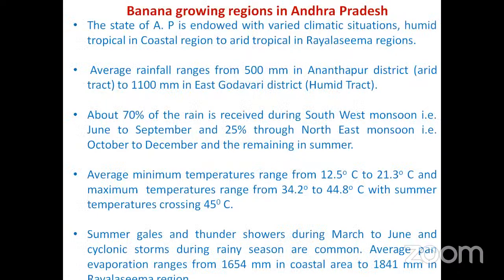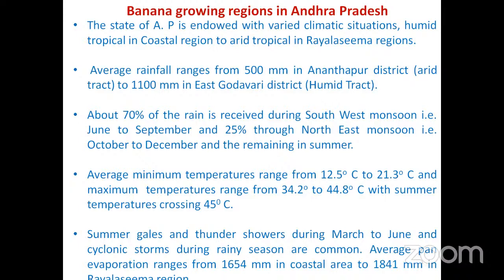Coming to the banana growing conditions in Andhra Pradesh, it is being cultivated in different regions like the humid tropical coastal region, to the arid tropical Rayalaseema regions. Here in Andhra Pradesh, the average rainfall ranges from 500 mm in Anantapur district, which is an arid tract, to about 1,100 mm in East Godavari district, which is a humid tract.